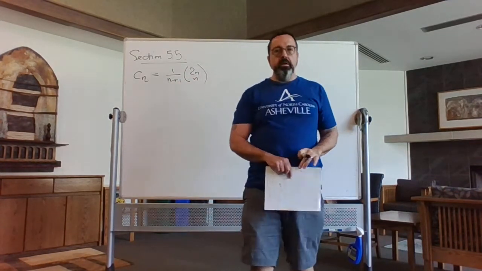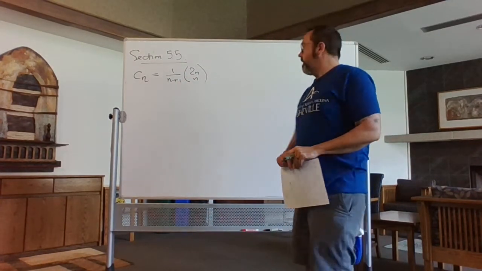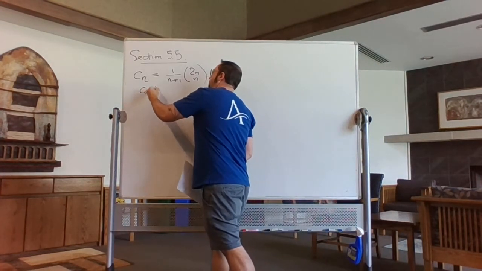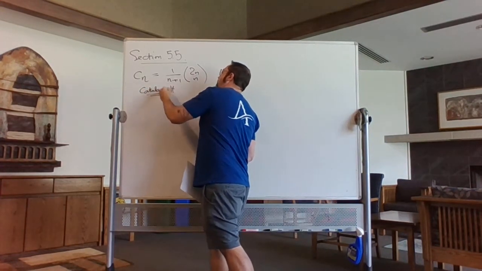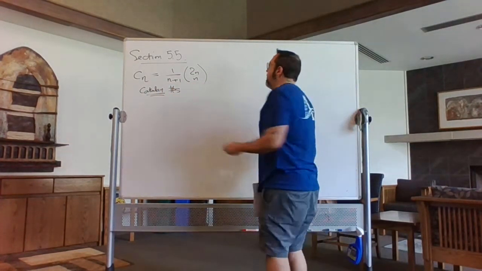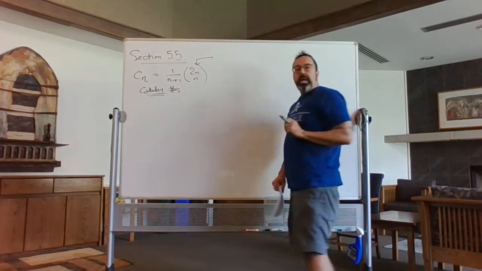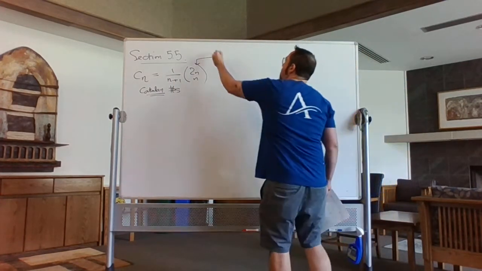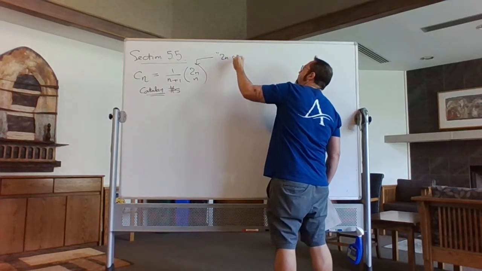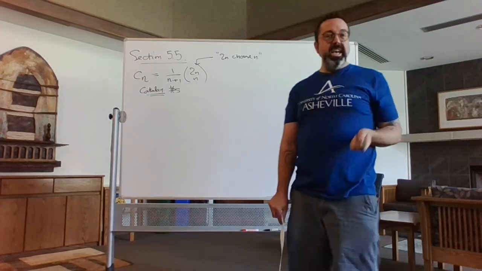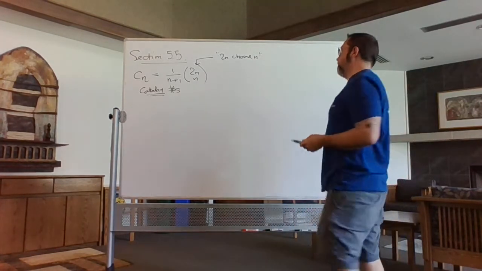The definition of them given in the text is this: C sub n, the nth Catalan number, is given by the formula 1 over n plus 1 times 2n choose n. Remember, this is that binomial coefficient notation, which we read as 2n choose n, the number of ways of choosing n elements from among 2n possibilities.